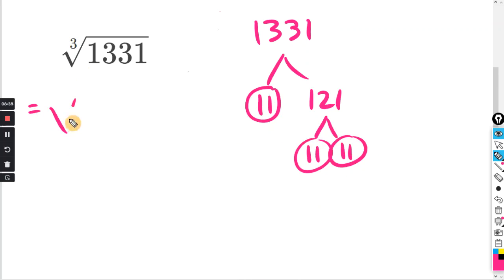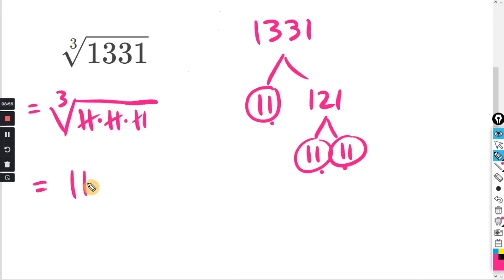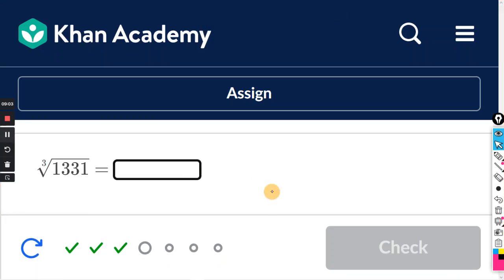So the cube root of 1331 is 11 times 11 times 11. And 3 repeats, 3 11s, cancel all 3 and bring it outside of the radical. That's it, it's just 11. So just enter that in the box.